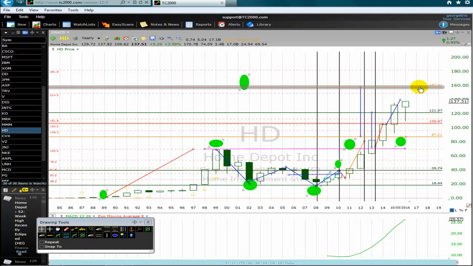That's the second orange line here from Home Depot. All right, using Wave Genius, the height of the first wave. So we need to watch now for Home Depot the level of 15751.